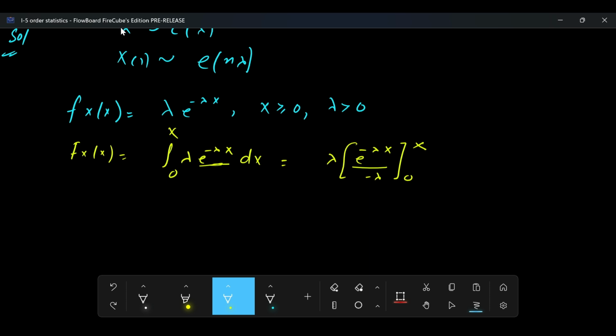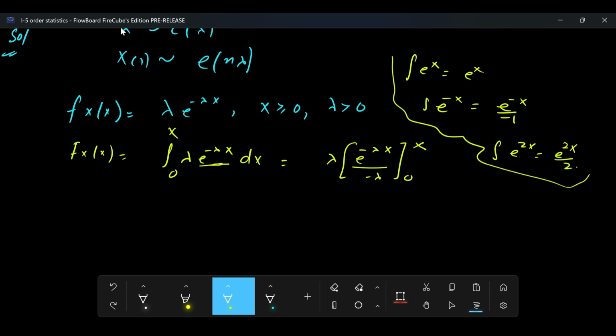As you know, integration of e raised power x is e raised power x only, but integration of e raised power minus x is e raised power minus x divided by minus 1, and integration of e raised power 2x is e raised power 2x upon 2.